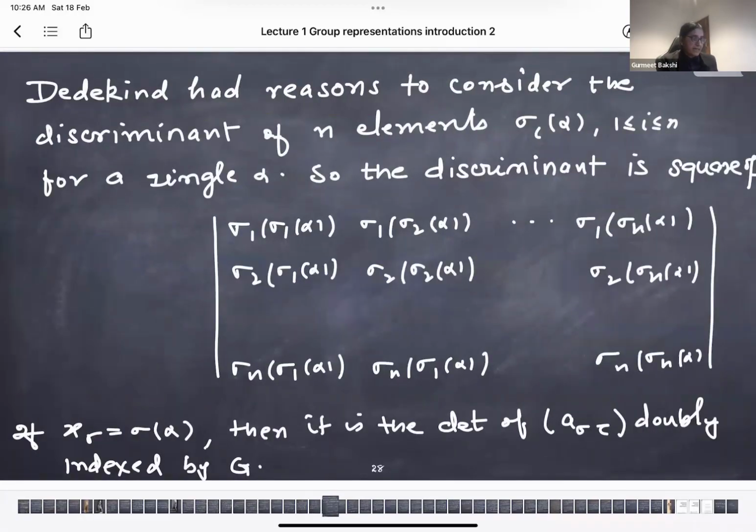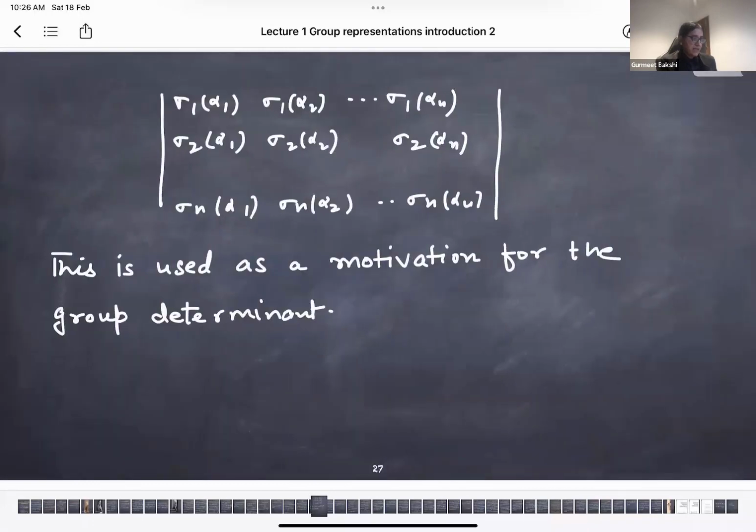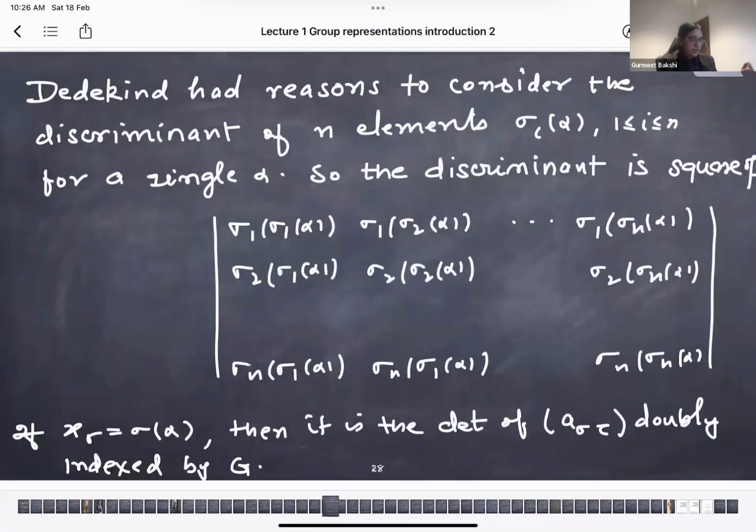Suppose he had an extension K of F, and the alpha i's were a basis of K over F. You take a normal element of the extension, apply the sigma i's and take the determinant. This is how the discriminant of a number field was defined by Dedekind.